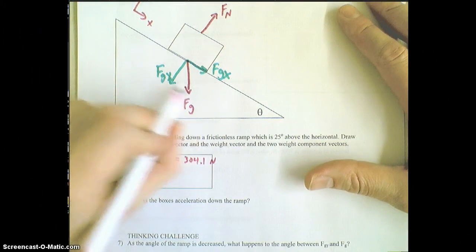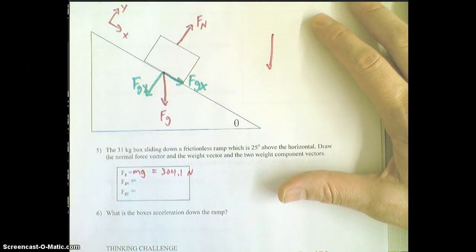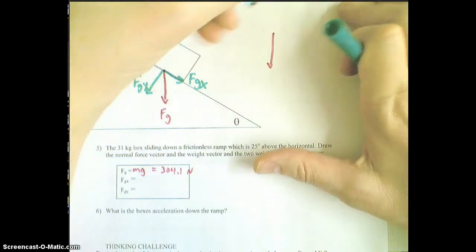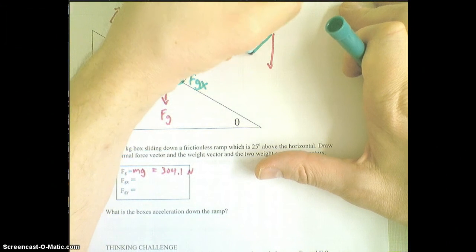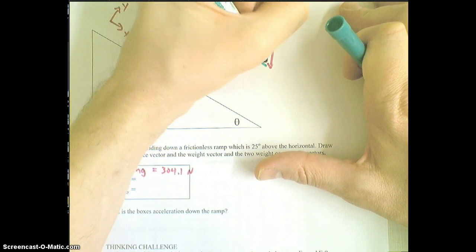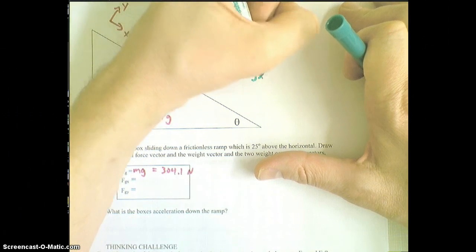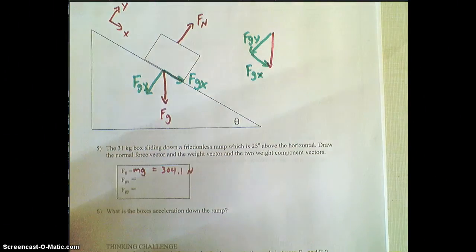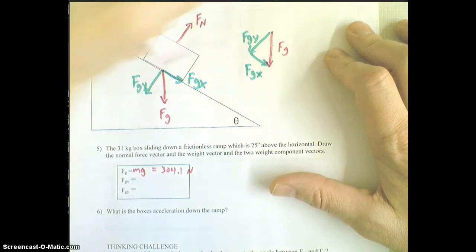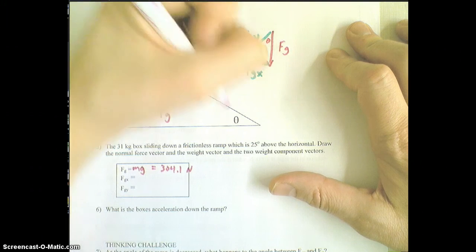We're going to make a triangle out of these three component parts. We have Fg, we have Fgy, Fgx. And in earlier screencasts, we learned that this angle between Fgy and Fg is the angle of the ramp.